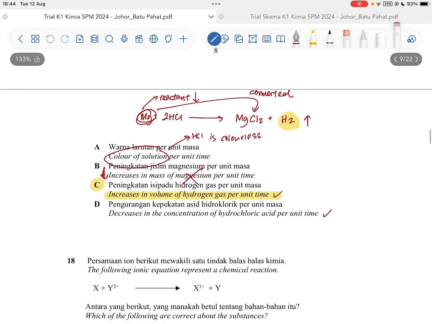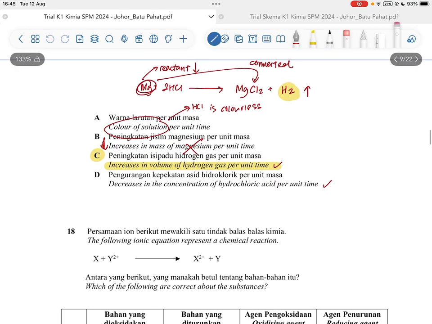And then C is the increase in the volume of hydrogen gas per unit time. This statement is correct because hydrogen gas has been released. It is displaced by the magnesium to form hydrogen gas. When the reaction proceeds, more hydrogen gas is released until all the magnesium has been converted to magnesium chloride.